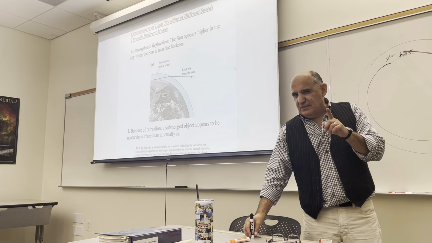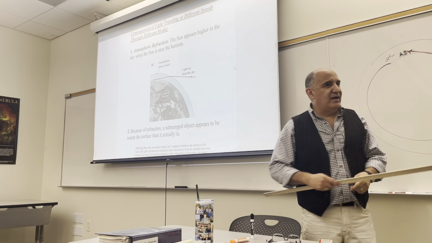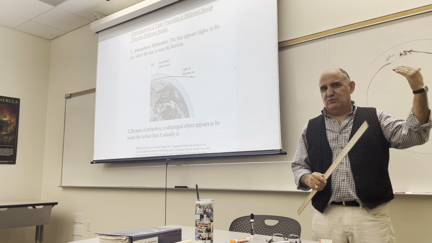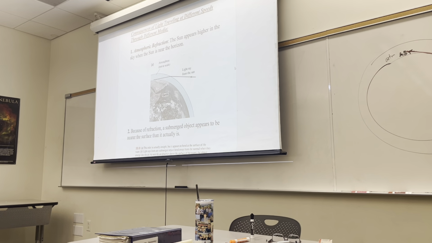So that means that even if you didn't realize that there is atmospheric refraction of light, even if the light went straight, actually, how long does it take sunlight to reach the earth? Like 8 minutes and 20 seconds on average. Well, let's say 8 minutes.